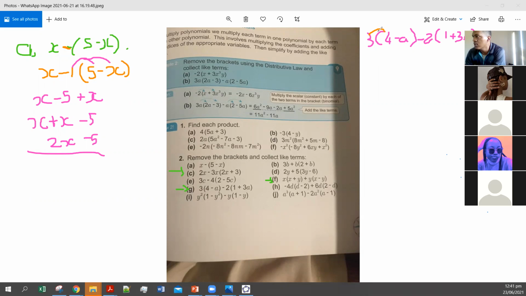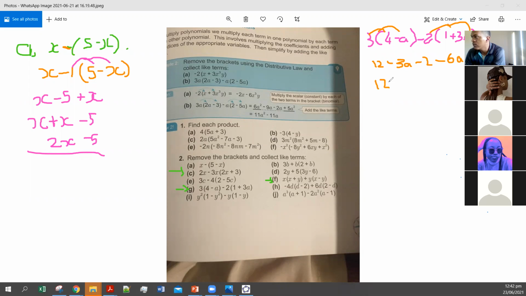You just, everything multiplies in the bracket. This is a -2 that multiplies everything in the bracket. Okay, so 3 times 4 will give me 12, minus 3 times minus a will give me 3a. And then -2 times 1 will give me -2, and -2 times positive 3a will give me -6a. Then we just group the like terms.